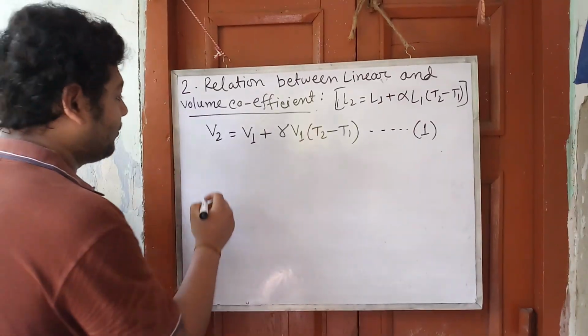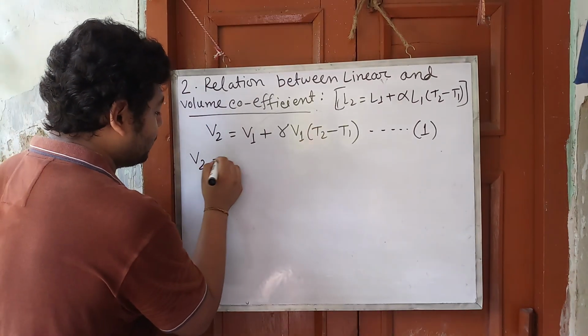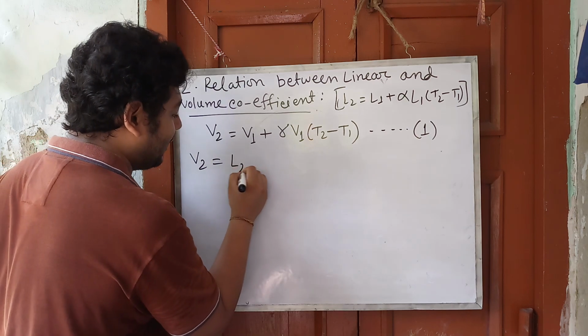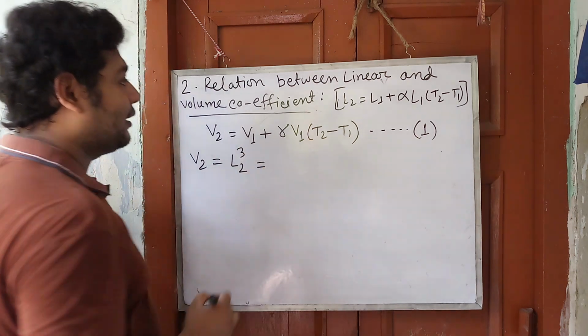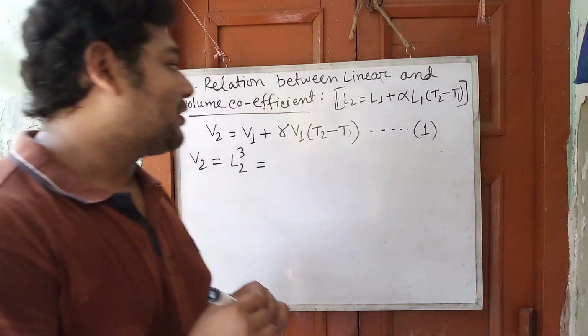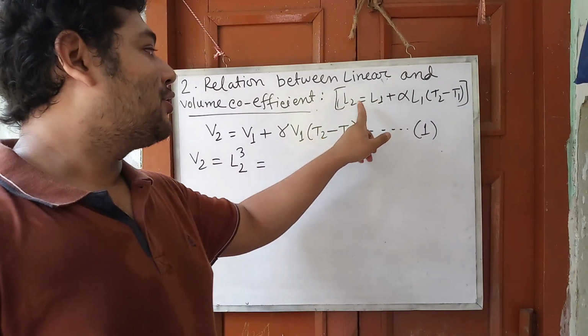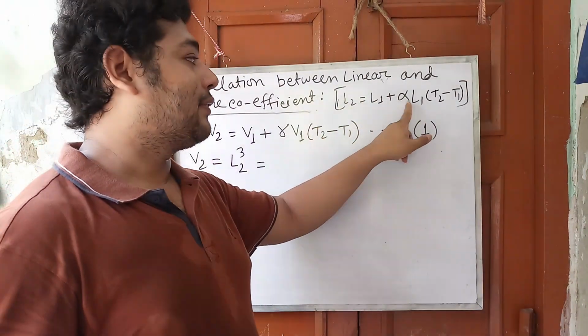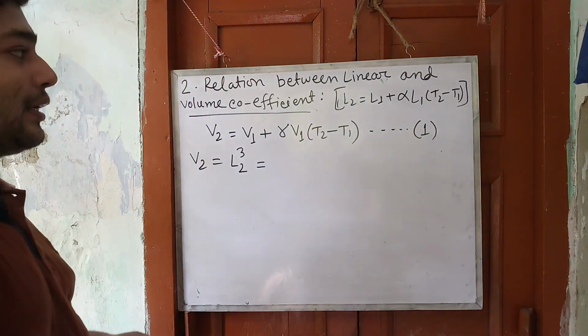So from volume V2 we can write L2 cube. Again, from our linear expansion we get L2 equal to L1 plus alpha L1 (T2 minus T1).